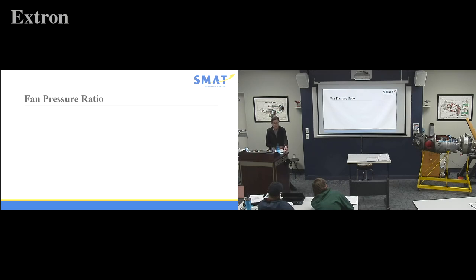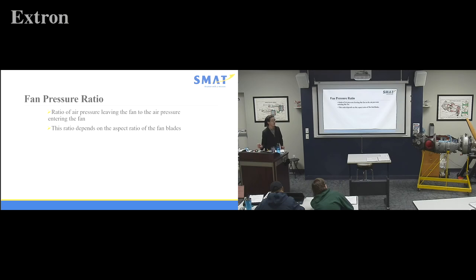So, what is fan pressure ratio? Very nice. Pressure leaving the fan compared to pressure going into the fan. Right there, we got it. Ratio of air pressure leaving the fan to the air pressure entering the fan.